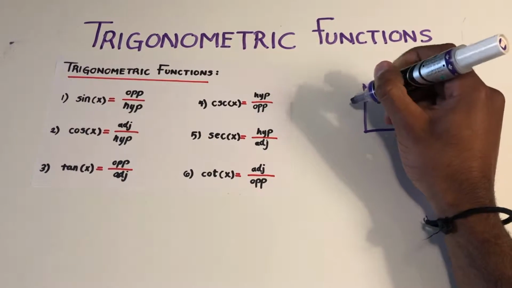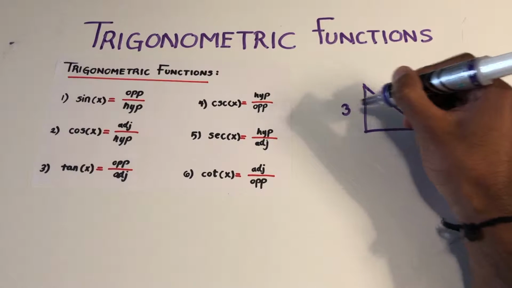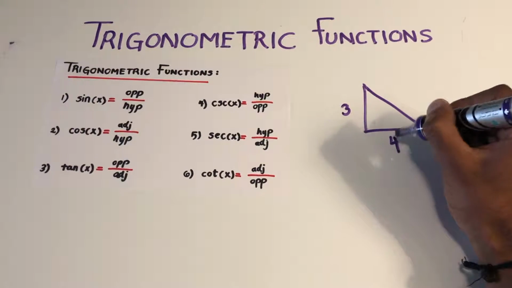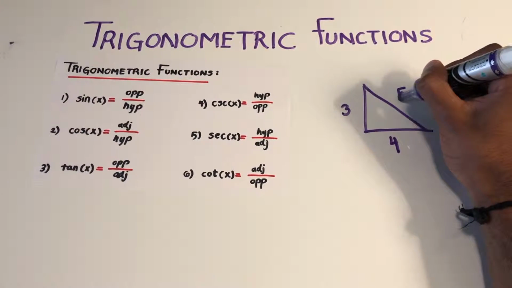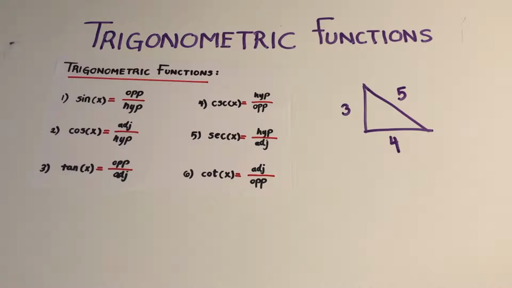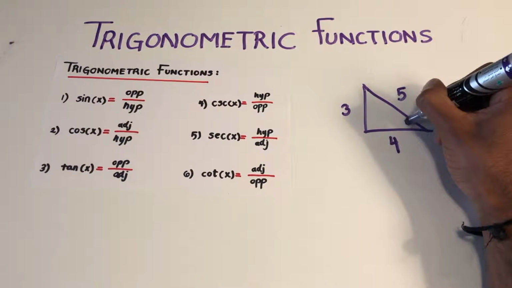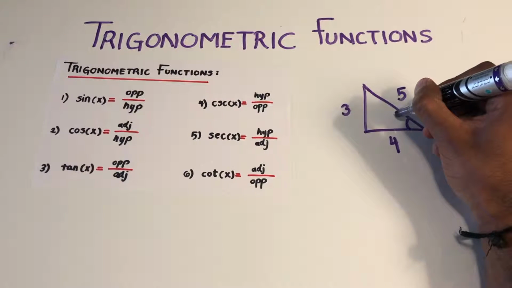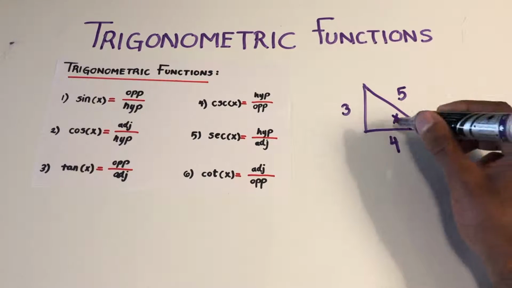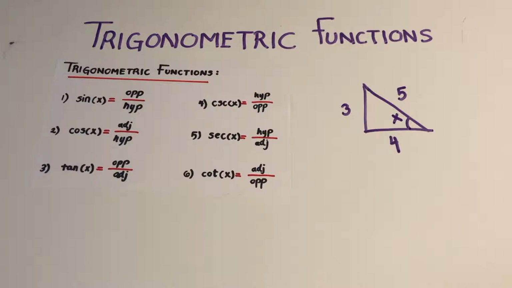We have this side is 3, this side is 4, and this side is 5. And you can confirm that using the Pythagorean Theorem. And I have a video for that in case you need some review. And let's choose this angle to be the angle we're focusing on. And let's label it X.